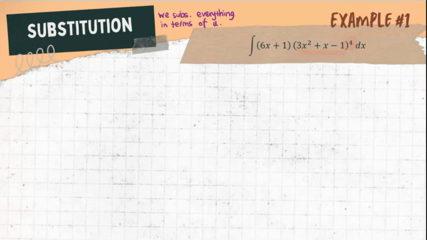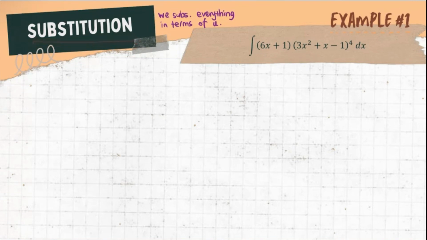Okay, boleh tak kita expand? Tak boleh sebabnya 3x square plus x minus 1 ni kamu kena expand to the power of 4 dahulu, barulah boleh dikembangkan dengan 6x plus 1, which will be quite complicated untuk kita buat lah. So apa yang kita akan buat untuk soalan ini adalah menggunakan substitution method.